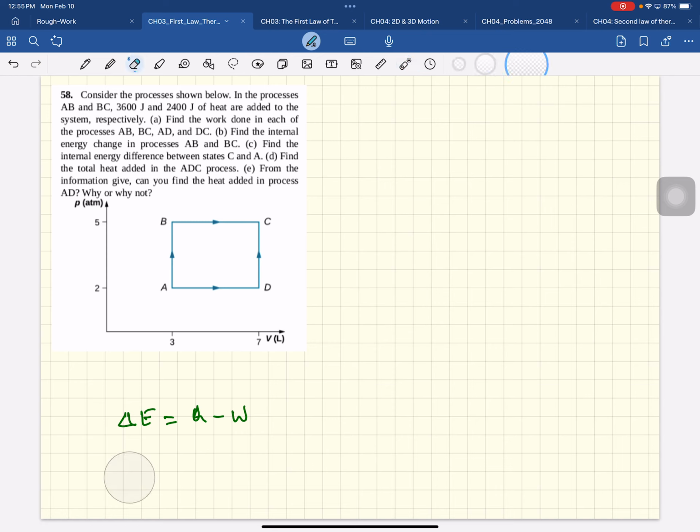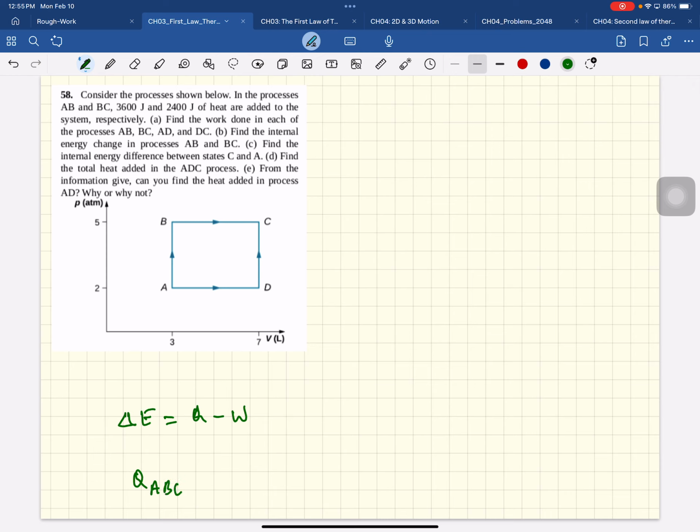So Q, or let me be a little more specific, QABC.